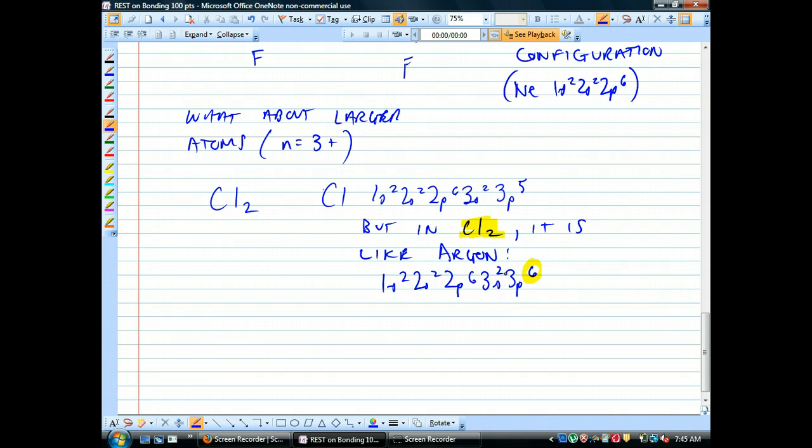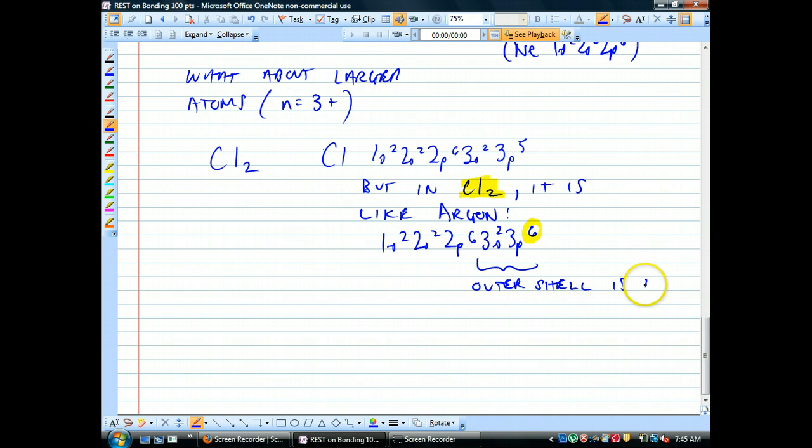Now, in this case, we can't really say the outer shell is full. The outer shell, in this case, is not full in an absolute sense. Why? Because the third energy level also has a D sublevel. And the D is not filled. Follow me?